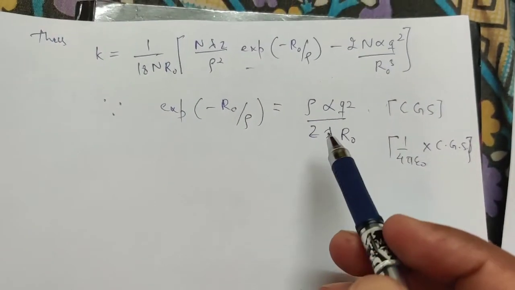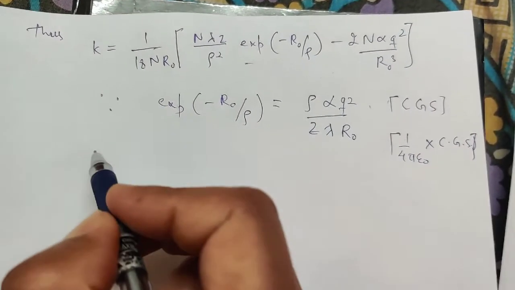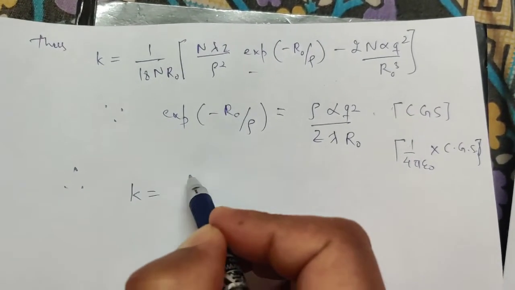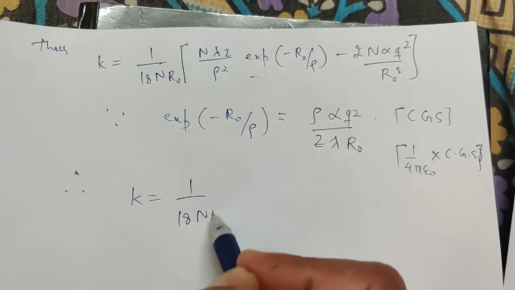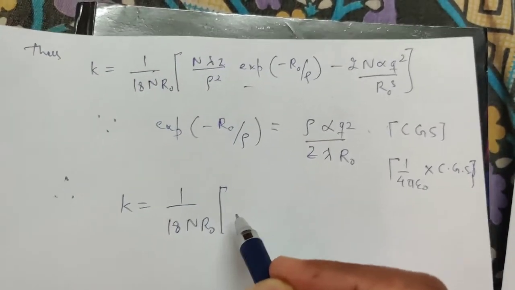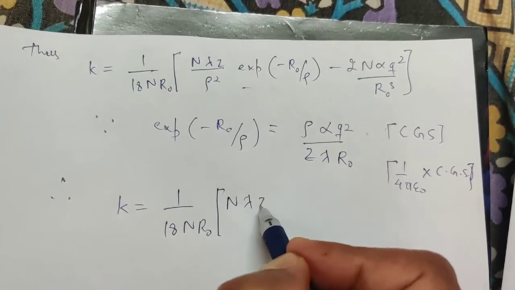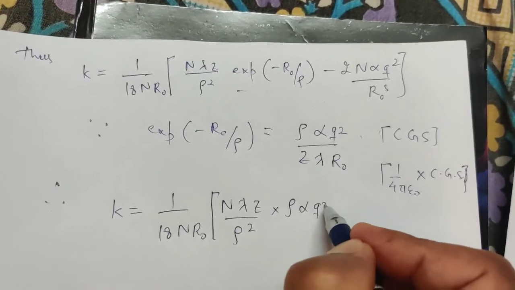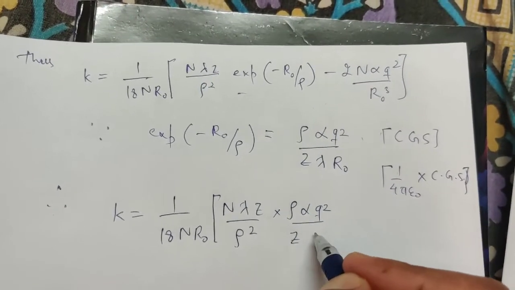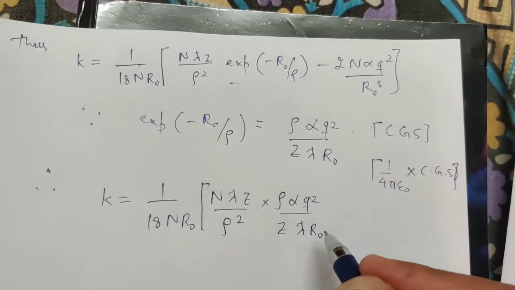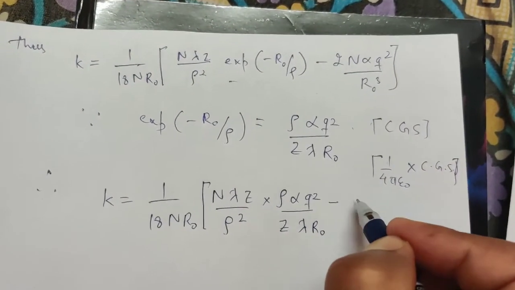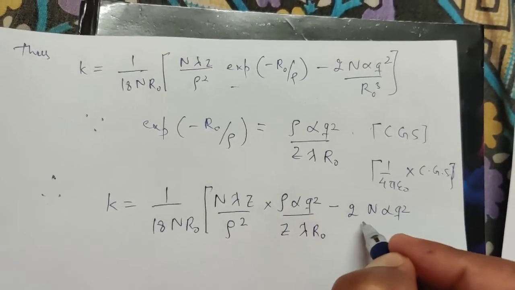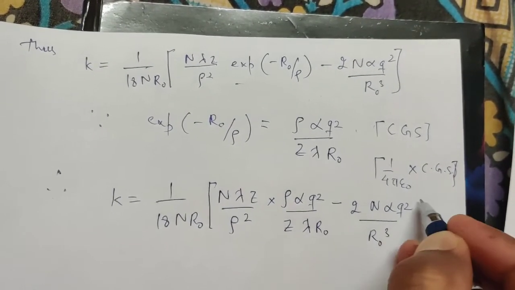Putting this value of this factor into this equation, the resulting equation for bulk modulus is equal to 1 by 18 n r naught into n lambda z by rho square, multiplied into rho alpha q square upon z lambda r naught square, minus 2 n alpha q square divided by r naught cube.